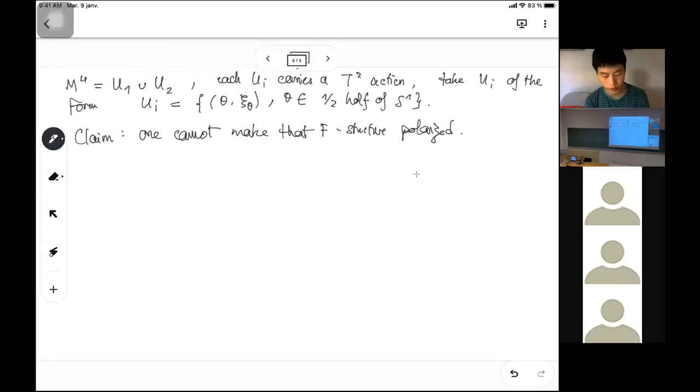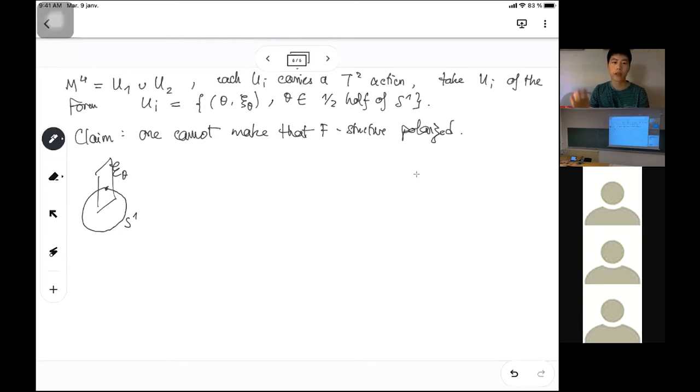And what you would like to say is, well, for each T2 action, you just choose a direction where the S1 action is free. But if you do that in a continuous way, because of the non-trivial holonomy, you will have, when you do that for each E theta, and you go around the S1.